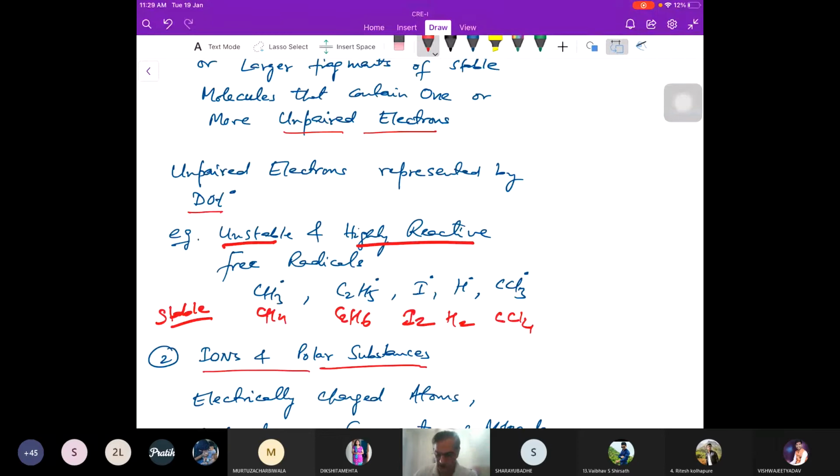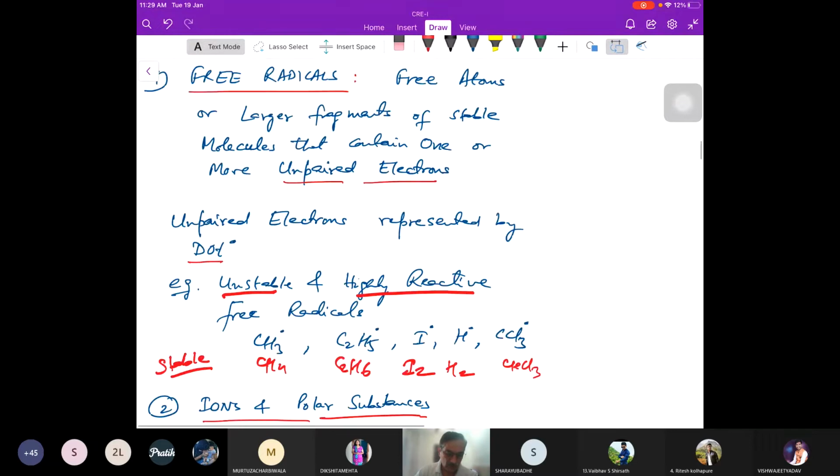Or CCl4, whatever, doesn't matter. CHCl3 बोलेंगे, not CCl4. So if you remove hydrogen from here, hydrogen from here, iodine from here, what you get is unpaired electrons on these free radicals, and they are very reactive and they are very unstable, right?